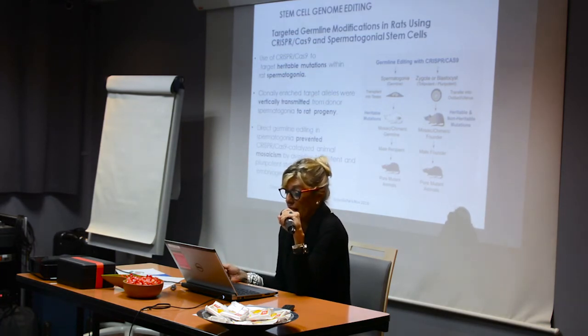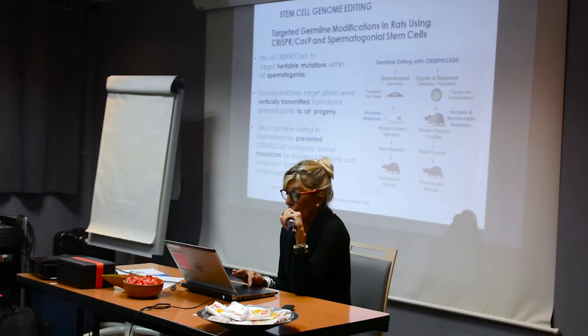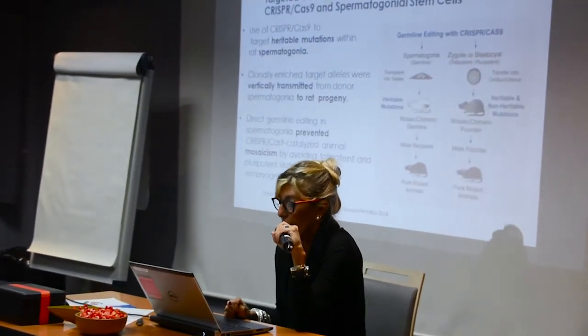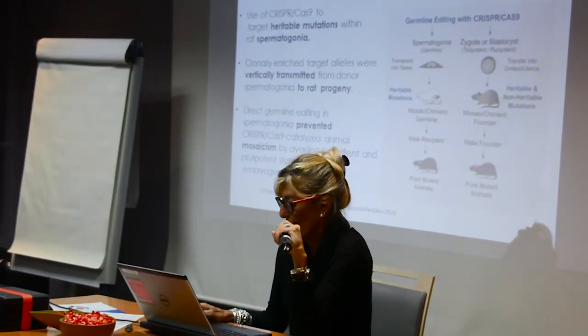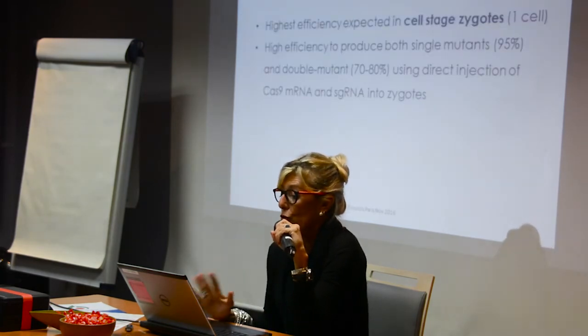They showed that by using this system in spermatogonial stem cells, they prevented animal mosaicism, because if you do this manipulation in zygote or in blastocyst, you can have, as you can see in the slide, some heritable and non-heritable mutations, and at the end, the animal that is produced is a mosaic, and you have to purify this line to try to get rid of the non-heritable mutations and the ones that are constituted by off-target mutations.